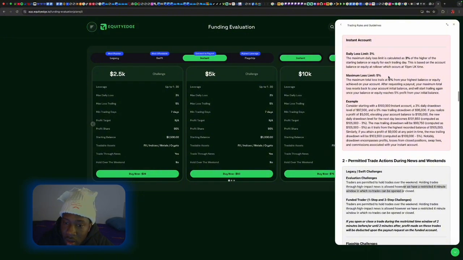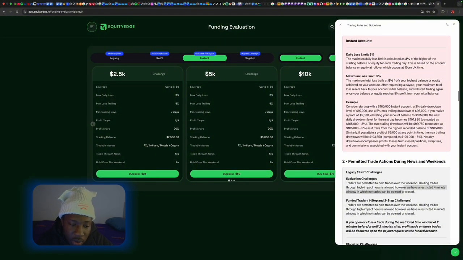So they are saying even though I am trading my account, if I have some trades which are open and they are in profit, when the market starts to move against me, from that highest profit where the trade reached, it is going to reduce it into the maximum loss limit, because they are saying here your highest balance or equity achieved on your account after requesting a payout.